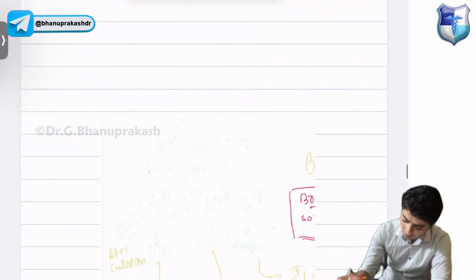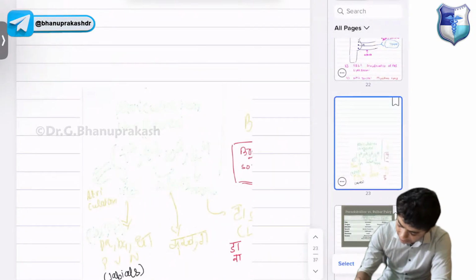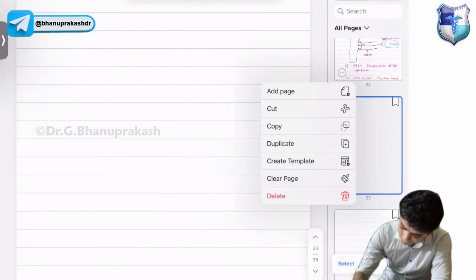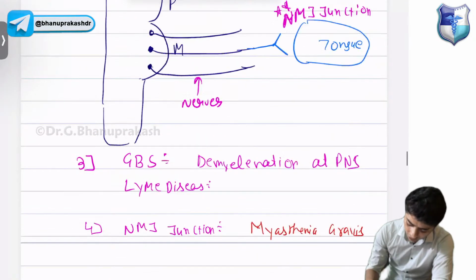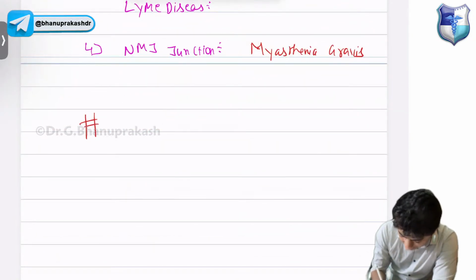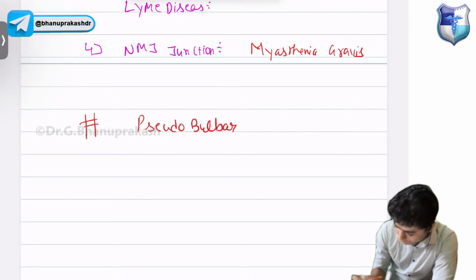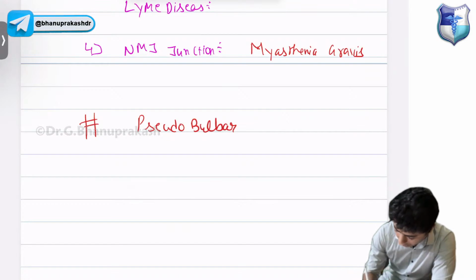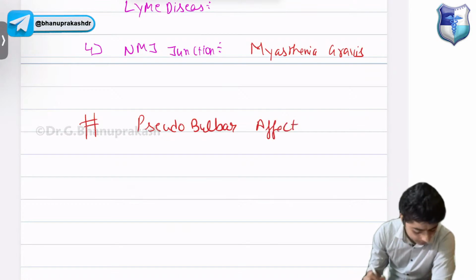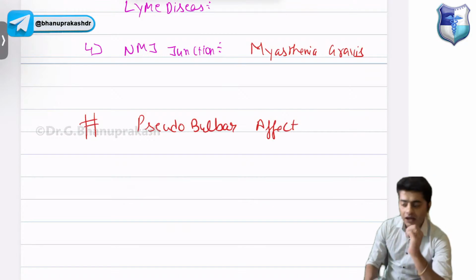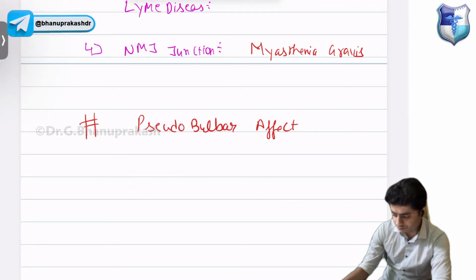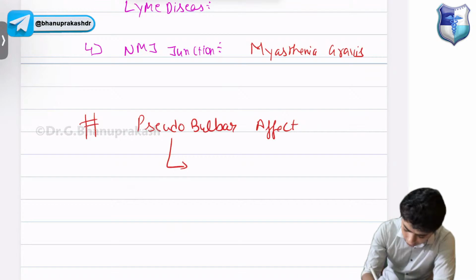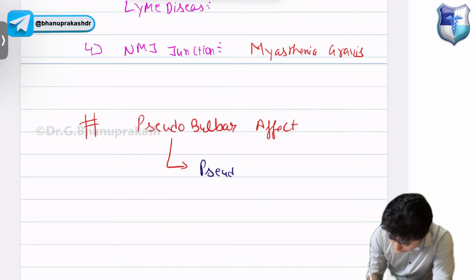Now, before we move further, we will study another concept. There is something known as your pseudobulbar effect. Can anyone tell me what you understand by the term pseudobulbar effect? It is seen in pseudobulbar palsy.